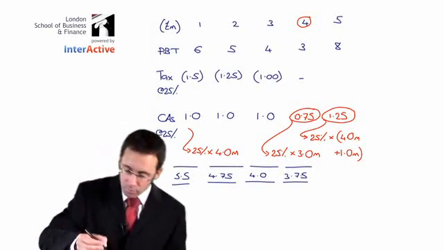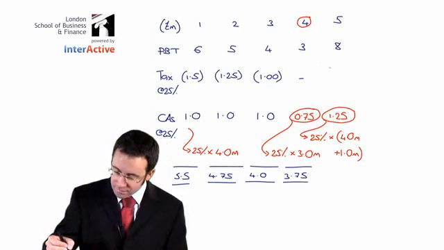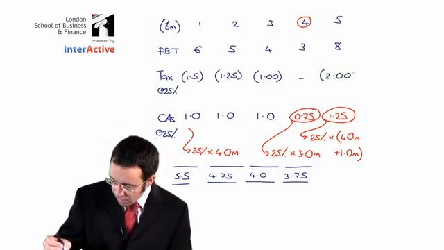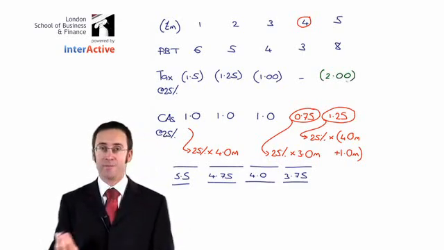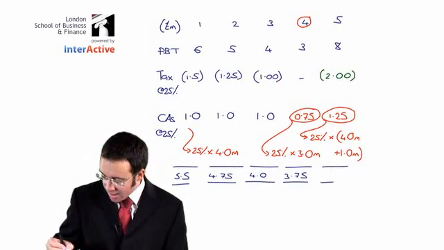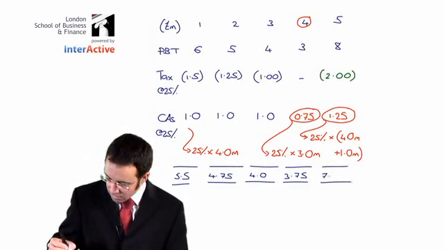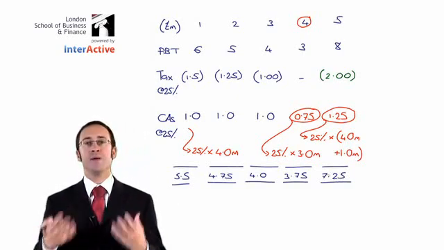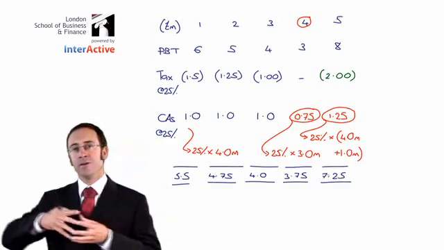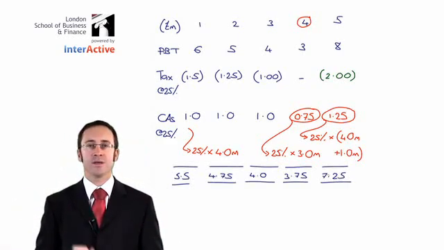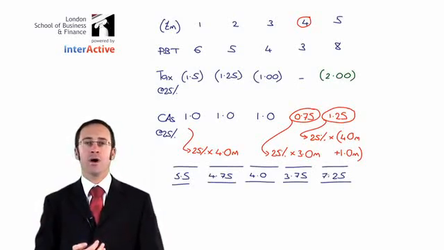In year 5, 25% of your 8 million is taxed as normal to give you the 2, and that gives you your net after-tax cash flows of 7.25. So, if you like, the overall tax bill in that 5th year is reduced as we had those unused capital allowances carried forward to T5.